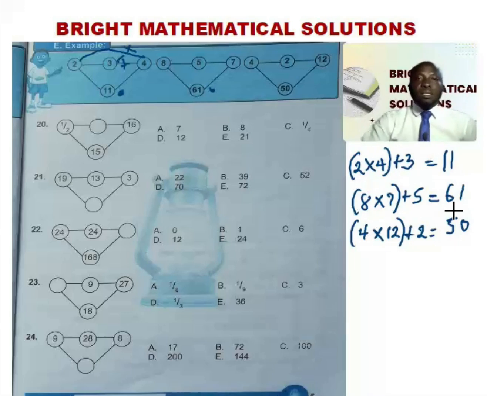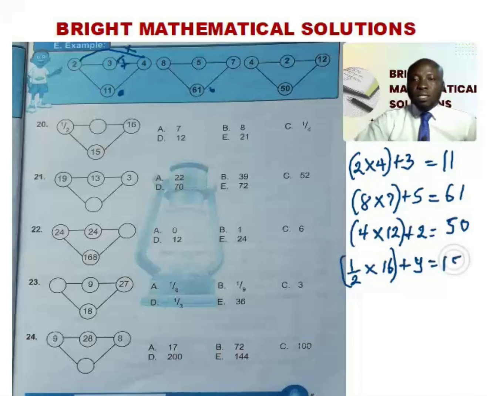Now let us take it into the exercise. We have 1 over 2 multiplied by 16 plus unknown. Let our unknown be y. I said it equals 15.